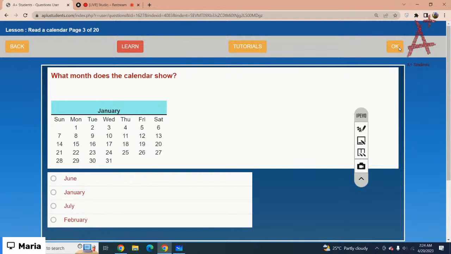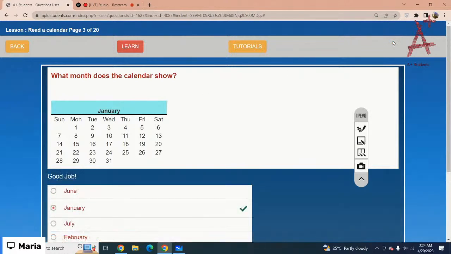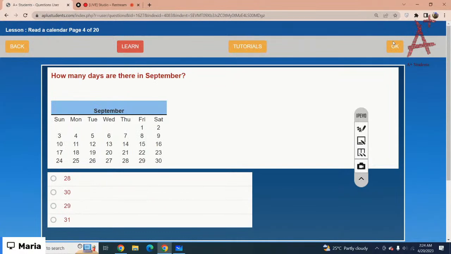Got it? You have to look at the name of the month, so you can see the top line. It would be January. Got it? The correct option is January. Okay, how many days are there in September? You have to count the days. How many days do we have in September?